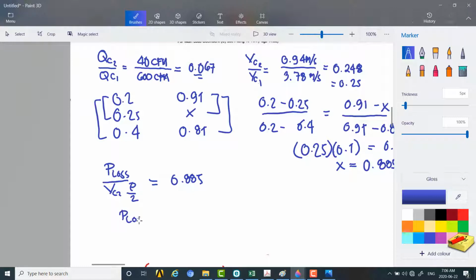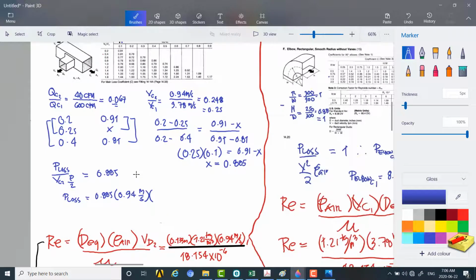Then we have your P loss for that branch: 0.885 multiplied by velocity C2, where velocity C2 is 0.94 meter per second, then multiplied by the density.